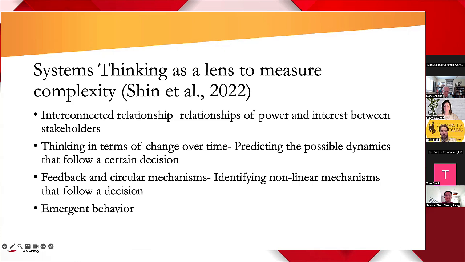When we think in terms of change over time, the dynamic changing, this comes into practice when one tries to predict the possible dynamics that might follow a certain decision or a certain policy. When we think about feedback and circular mechanisms, because we have so many stakeholders and so many aspects in the game, one would like to identify nonlinear mechanisms that follow a decision.